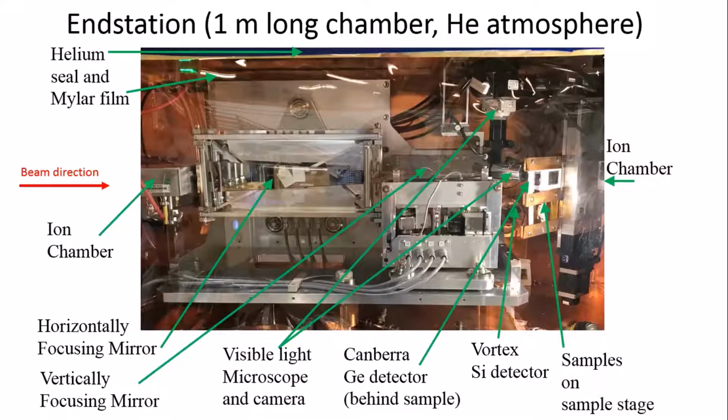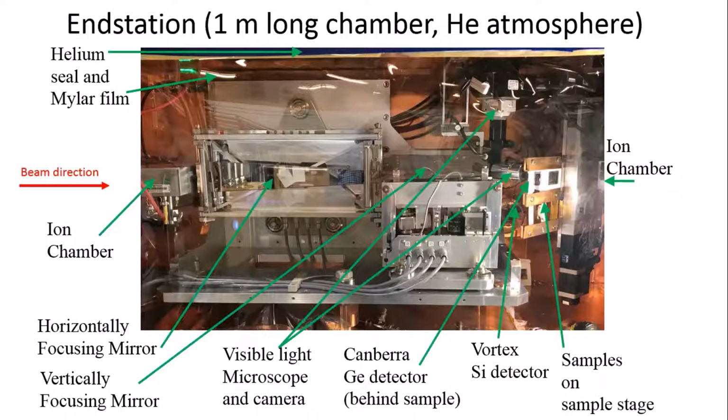There's a periscope arrangement for the visible light microscope and camera aimed at the sample. The sample's at 45 degrees, and the samples are hung between those 3 copper bars in this particular sample holder, or we can accommodate larger samples.